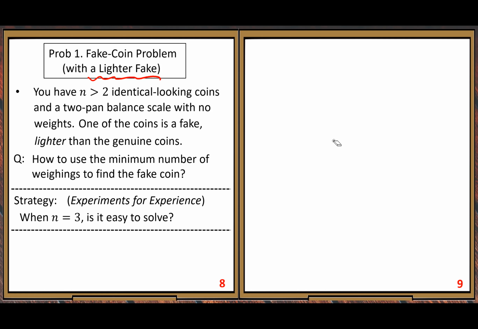Because if you split into 3 groups, you can reduce the size of each group faster, right? If you split into 2 groups, the size reduction will be slower, divided by 2, n over 2, right? Some students probably do not follow that.